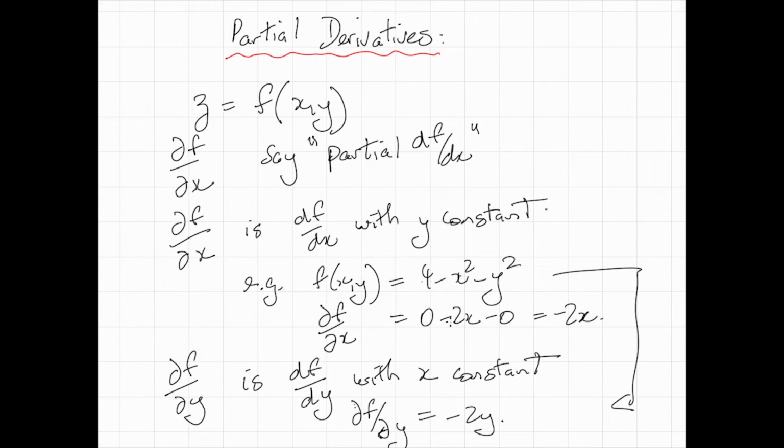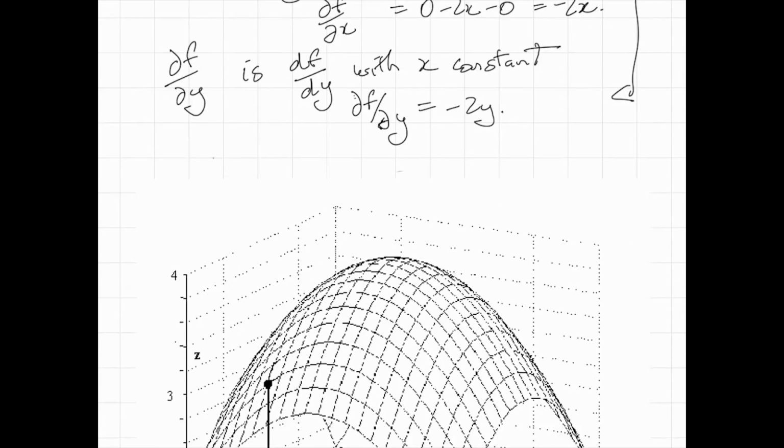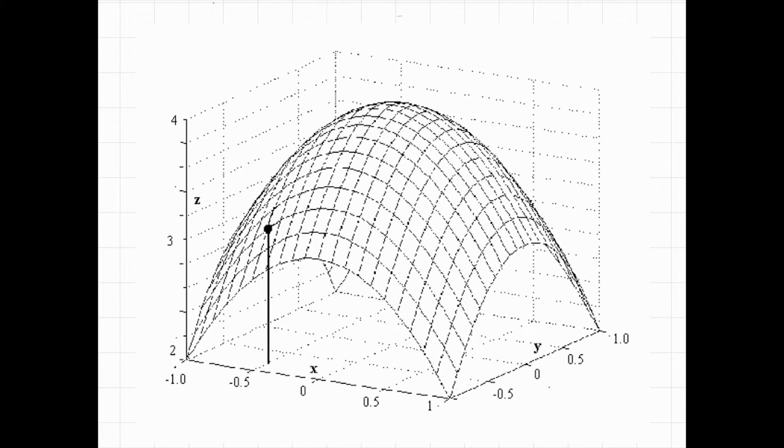Let's go back to our graph of f of x, y, or we can say that's equal to z, is equal to 4 minus x squared minus y squared. In the previous video we said that was a surface, and that surface looked a little bit like that. So this is the graph of z equals 4 minus x squared minus y squared.